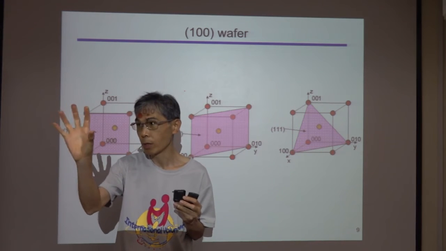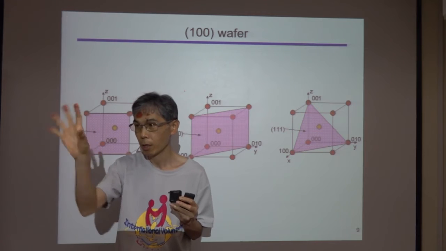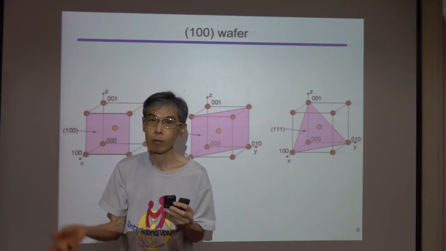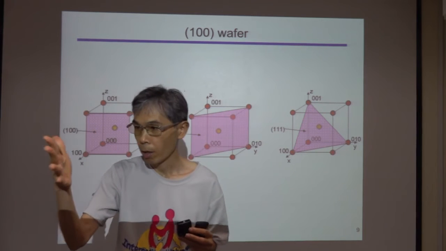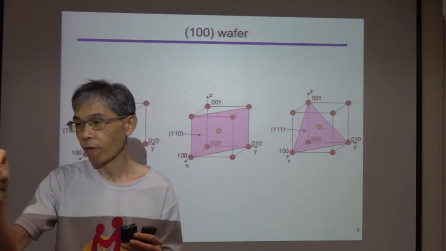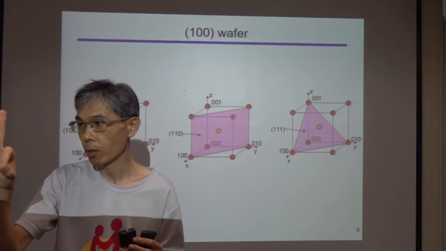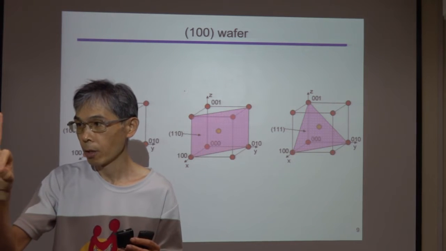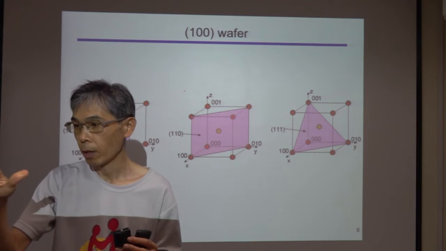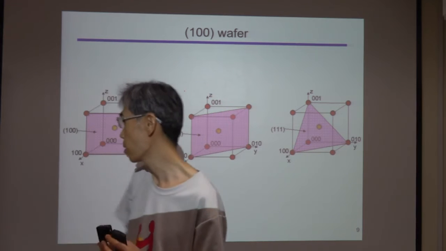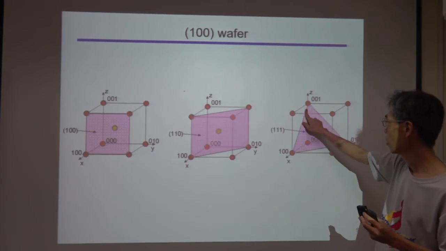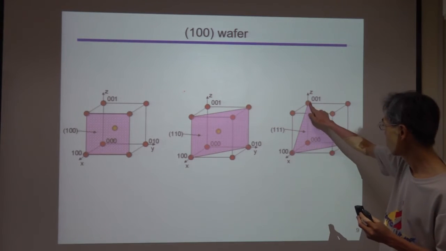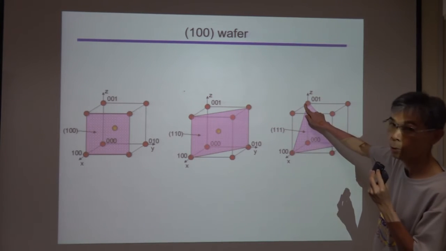For a cubic material, you can rotate it, you can throw it, and there's only 3 surfaces: 1 0 0, 1 1 0, 1 1 1.